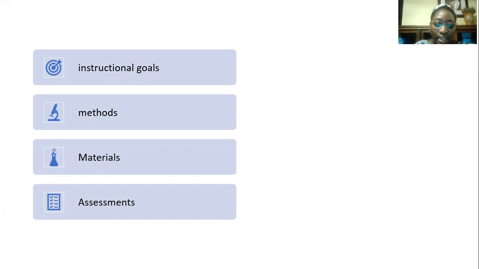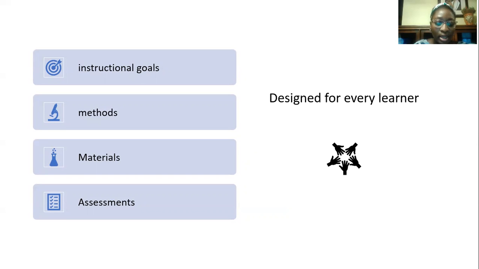It's about building in flexibility that can be adjusted for every student's strengths and needs. It's a blueprint for creating instructional goals, methods, materials, and assessments. To sum up everything, UDL is designed for every learner.